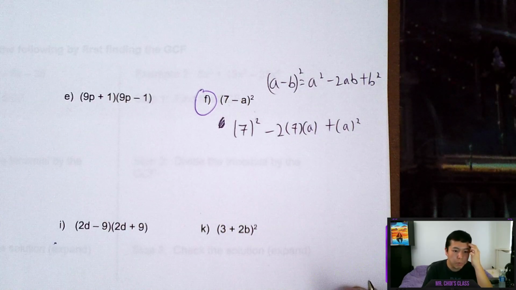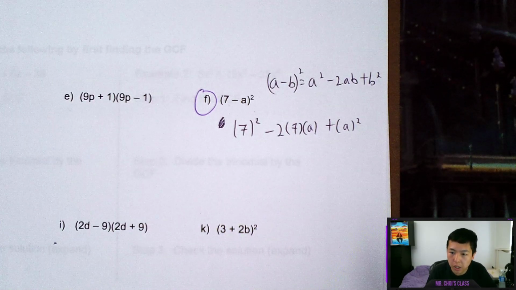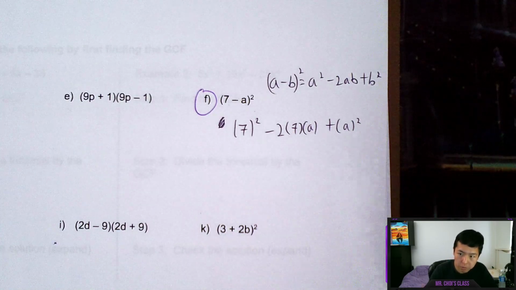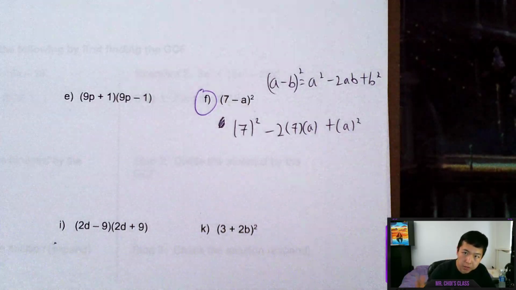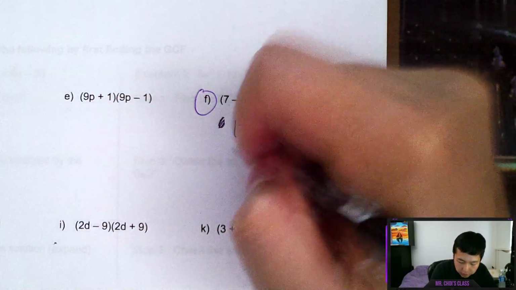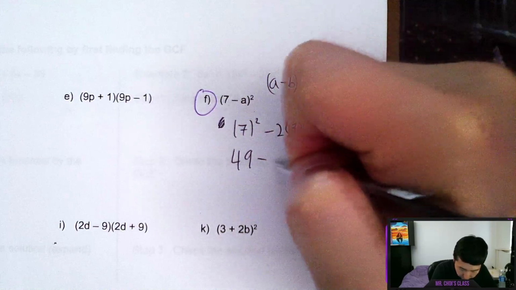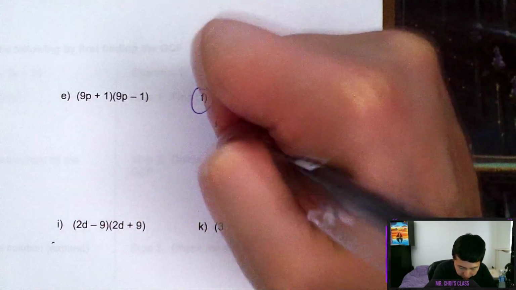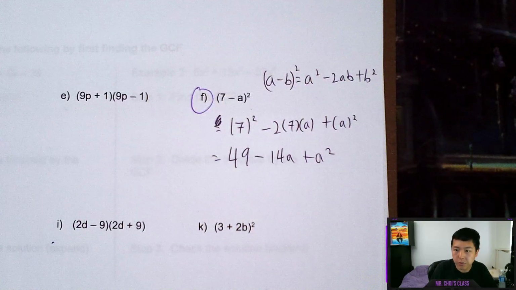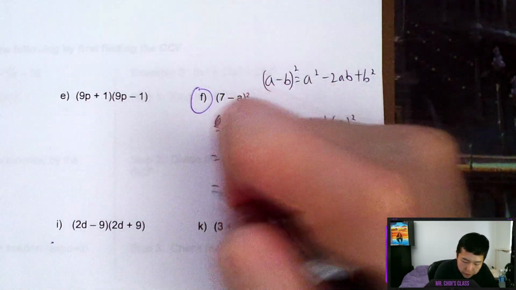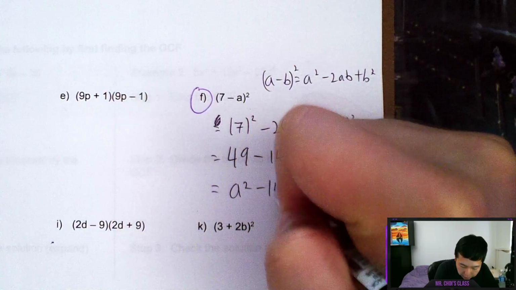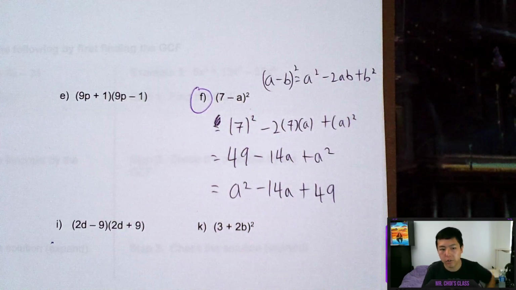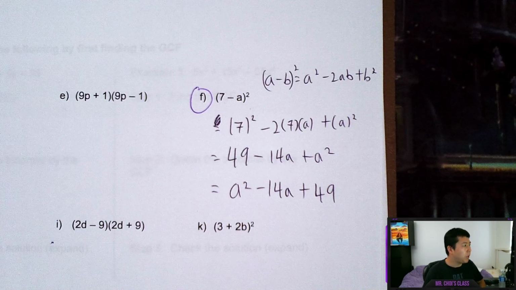That's going to give me 49 minus 14a plus a squared, and there's our answer. That's it. Now, if you wanted to rearrange it and write a squared minus 14a plus 49, that is also correct. Okay, so let's cover both bases here.